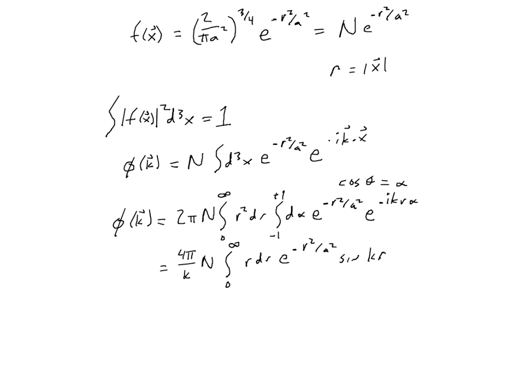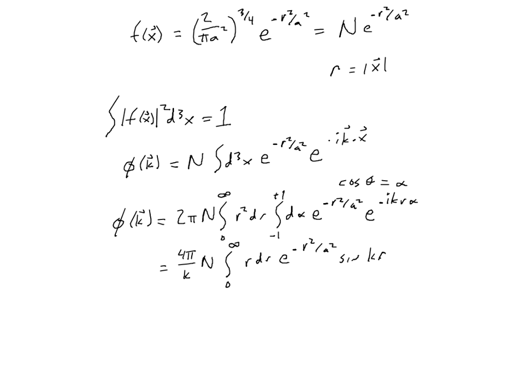And so now what I did was I integrated with respect to alpha, and so that gave me a minus i k r in the denominator, which I divided through everything. And then I took my exponential term, and I had the positive and negative parts of that, and I made a sine function out of it. And so that's what I end up with right here.